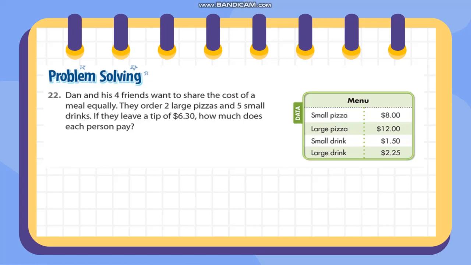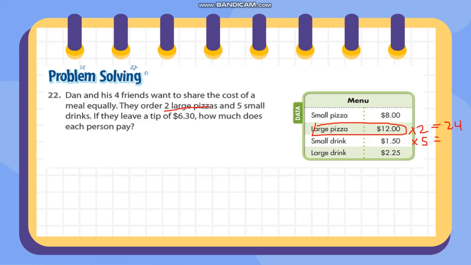Okay, so as you can see here, 2 large pizzas. So 2 large pizzas is equivalent to $12 each. So 12 multiplied by 2, that is equivalent to $24. Then 5 small drinks. Small drinks is 1.5. So we need to multiply it by 5, because they ordered 5.